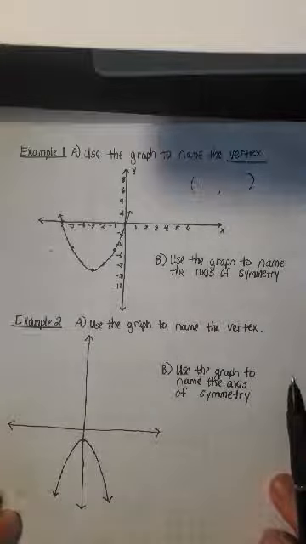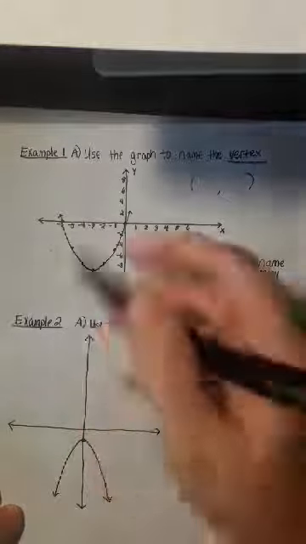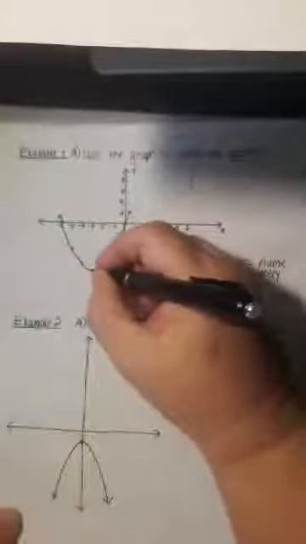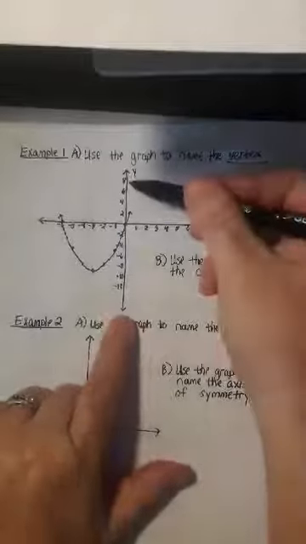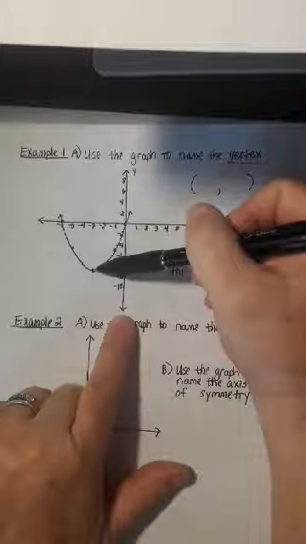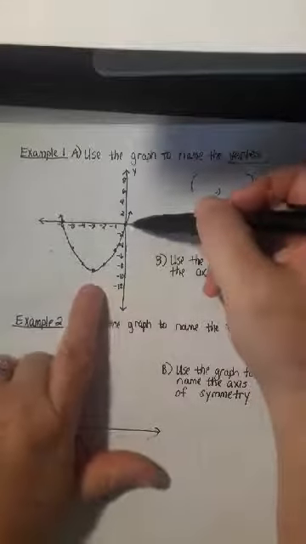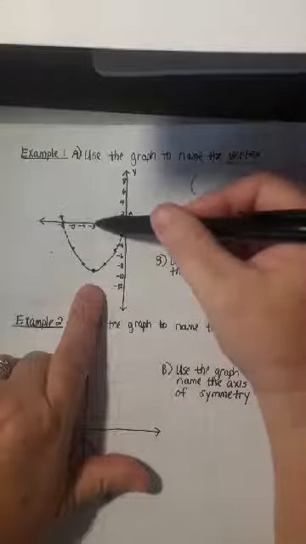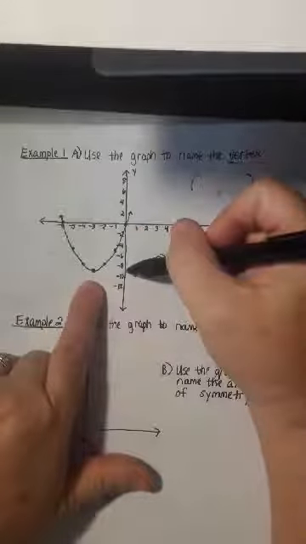Alright, so look at your parabola. Remember, your vertex on this one, if it's turned up like this, is going to be this point at the very bottom. Now look at the way I counted. I wrote my numbers on the y-axis so you can see I counted by 2s. So that's why that point falls in between right there. That point on the x-axis is -3, and then it goes down to -9.